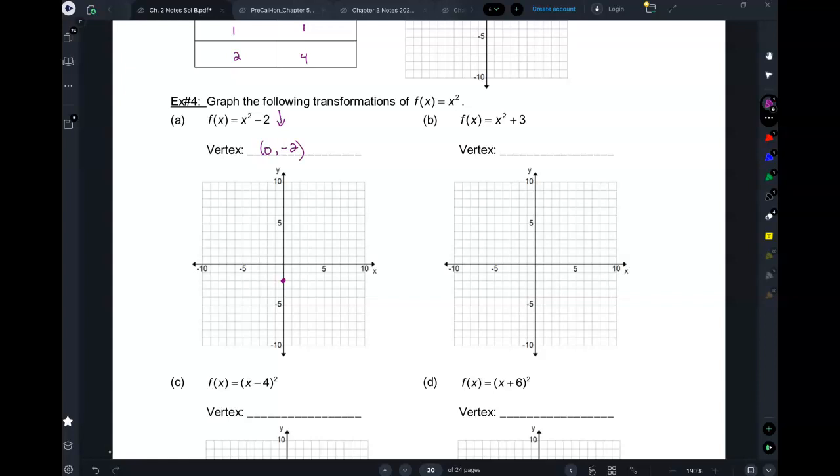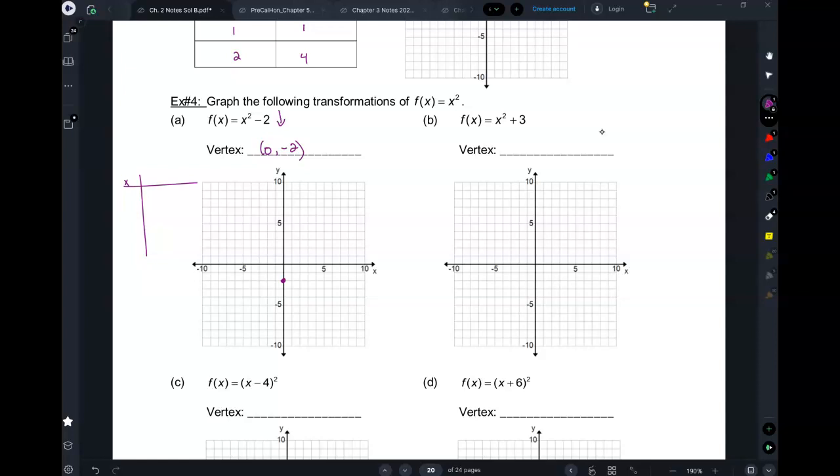All right, so what we're going to do here is we're going to plug points again. The vertex is at x equals 0. Okay, what I want you to do is pick 2 points, either to the right or to the left.